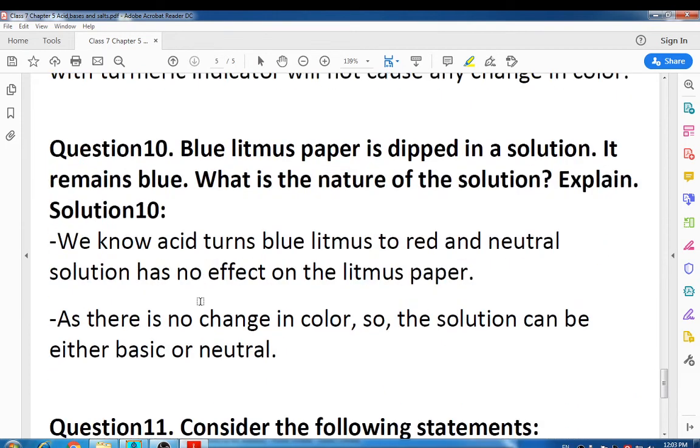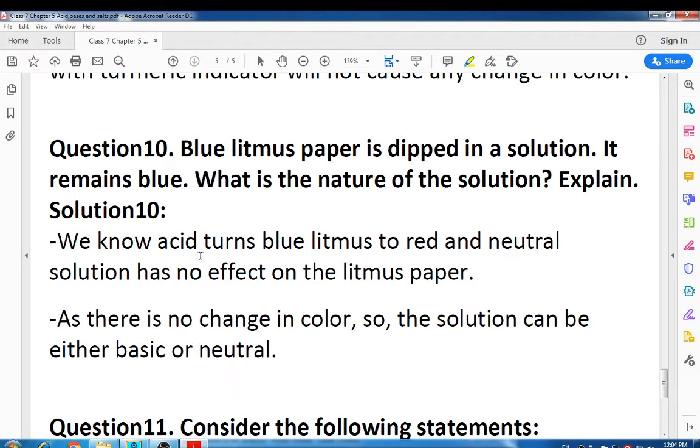Understood? Then question number 10. Blue litmus paper is dipped in a solution. It remains blue, means blue to blue. There is no change. So what is the nature of that solution? Can you tell me? If blue litmus remains blue, there is no change, so that solution can be basic or neutral.